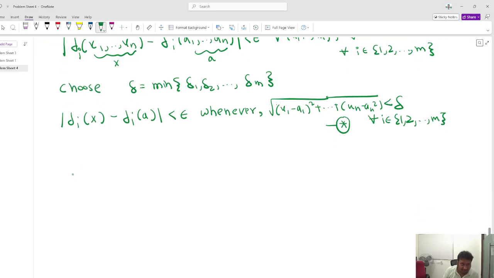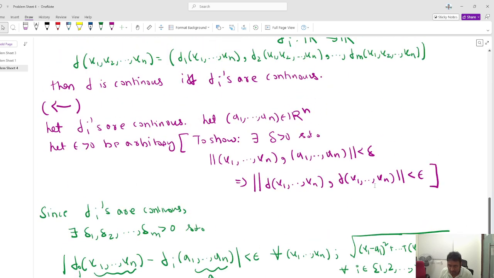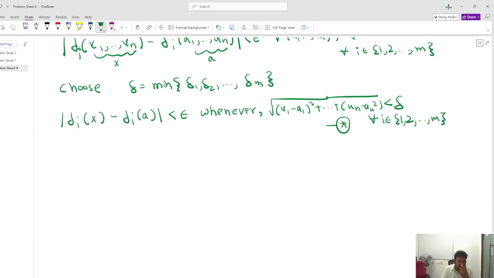Now what you have to do? You have to show the distance of these 2 points, right? So let us show this. So consider the norm of f of x1 up to xn, shall I write it x only, minus f of a. It is the distance of these 2 points. If you see carefully, everything is happening under a root, so it is better to consider the square because then we can handle it easily.